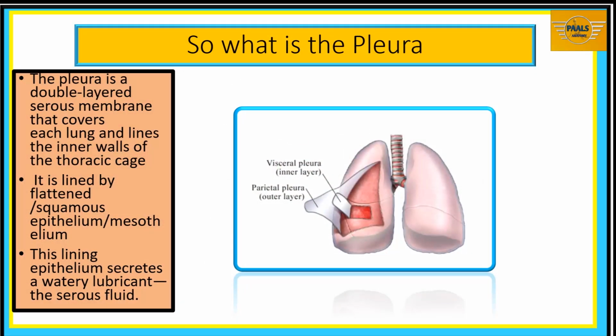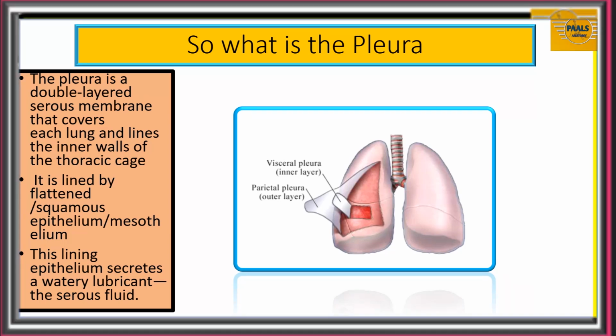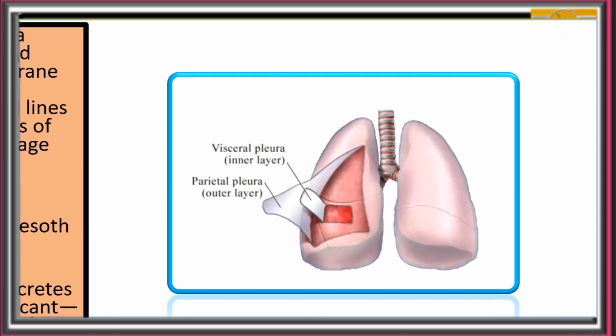Now that the background of this lecture is fully established, we will go further to give more details of some of the structures we have already mentioned. So what is the pleura? As we just mentioned earlier, it's a double-layered serous membrane that covers each lung and also lines the inner wall of the thoracic cage.